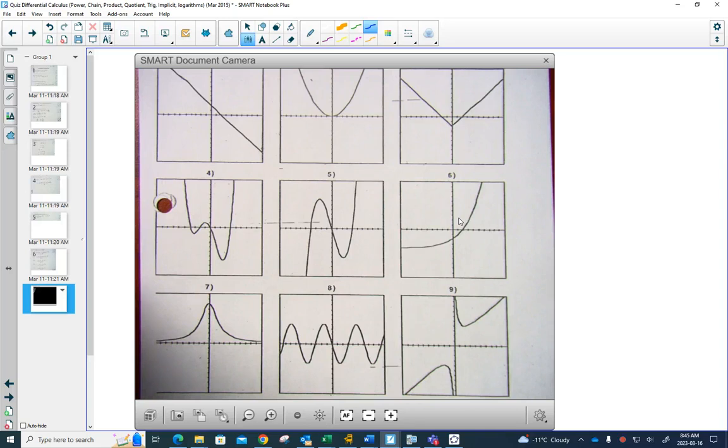With number 4, what we can do is look at the graph and mark the maximums and the minimums, because if you drew a tangent at a maximum or a minimum, it would be flat.